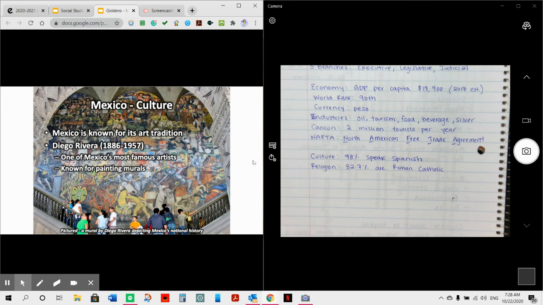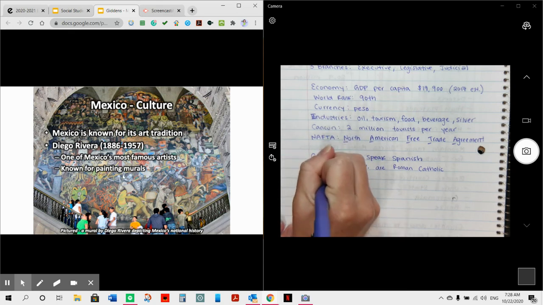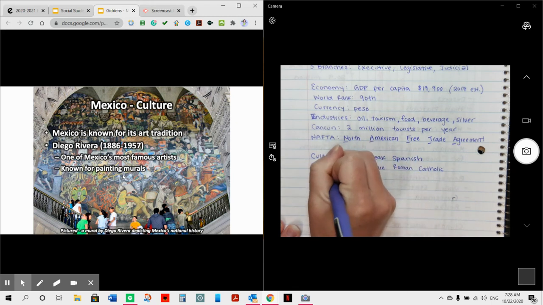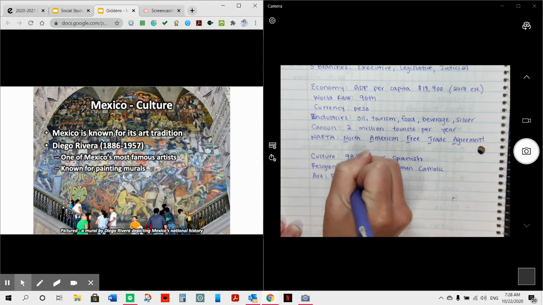Okay, culture, also known for its art tradition. Diego Rivera, 1886 to 1957, one of Mexico's most famous artists known for painting murals. So we're going to write art, colon, and then we're going to write down Diego Rivera.